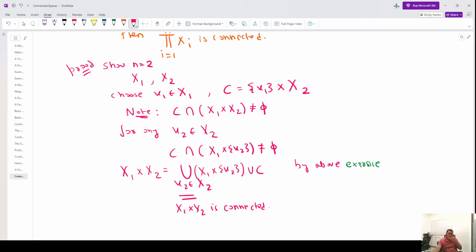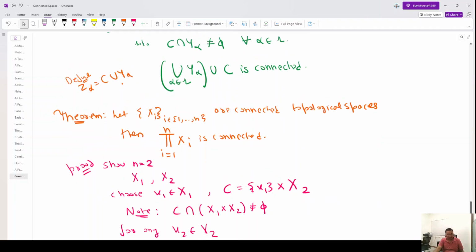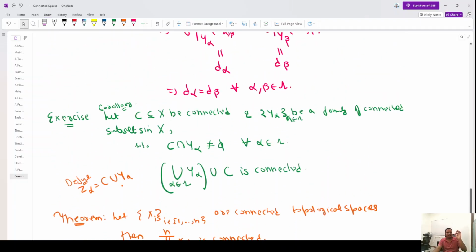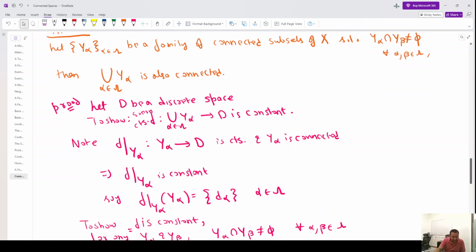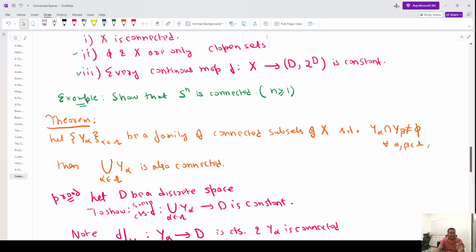So it's a bit tricky, but it's again a very good application. So now we are in a position to show that Sn is connected. So let us call this star.